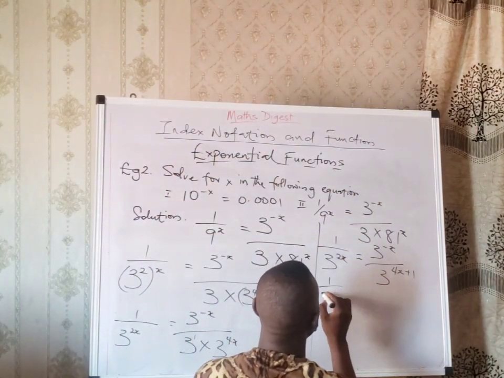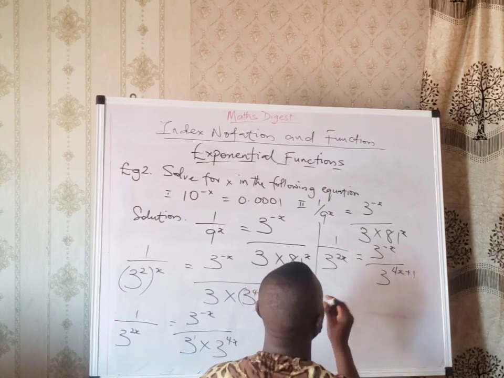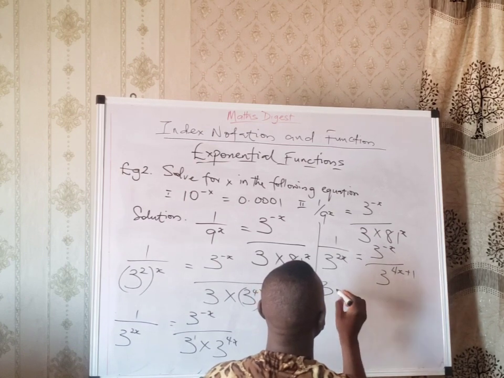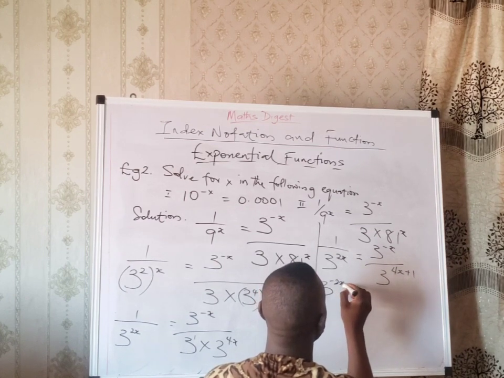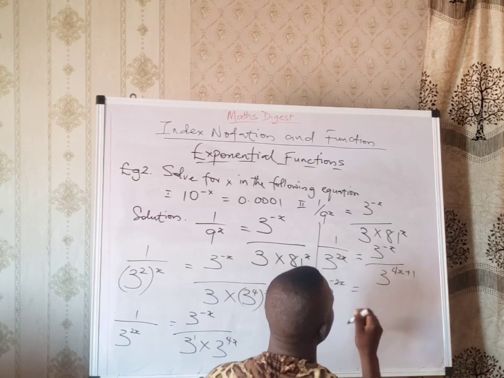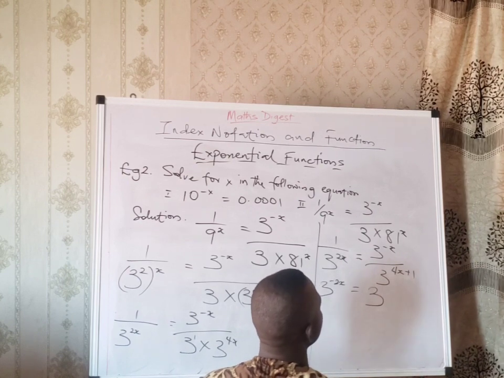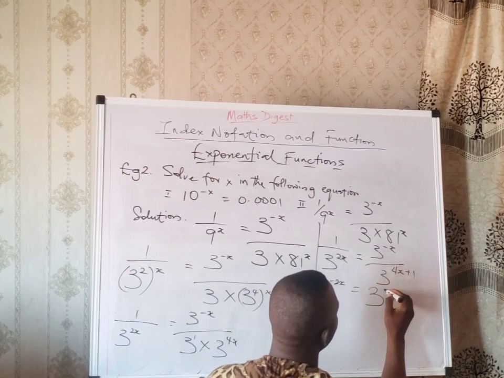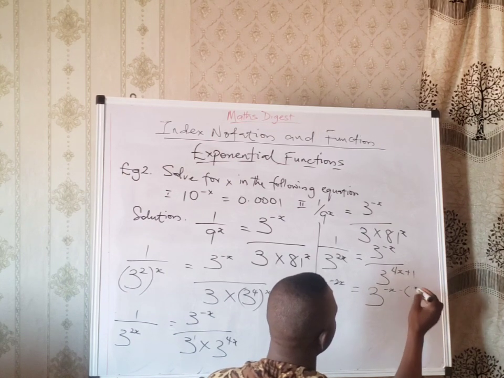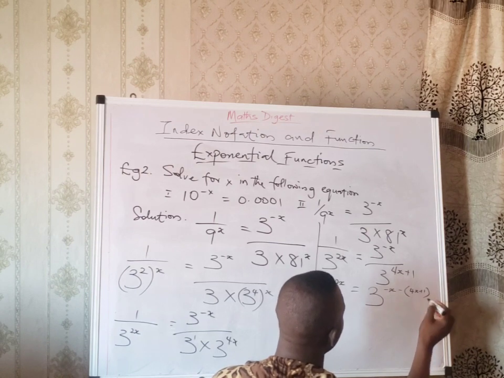Now further from this we can say 1 over 3 is the same thing as saying 3 raised to power minus 2x. Okay, now with this we say equal to, coming to this side we have, these are common base, so we have 3, and we now have minus x minus whatever we have here, so we have 4x plus 1.